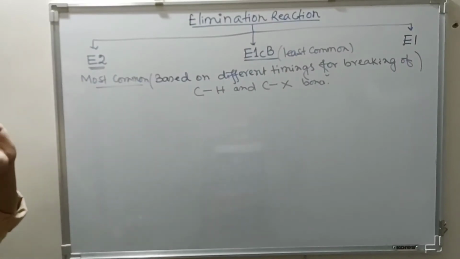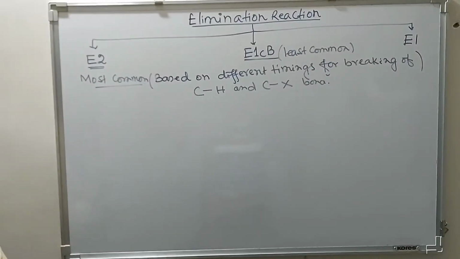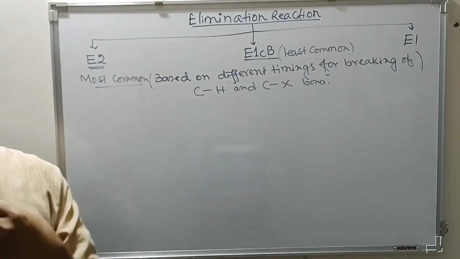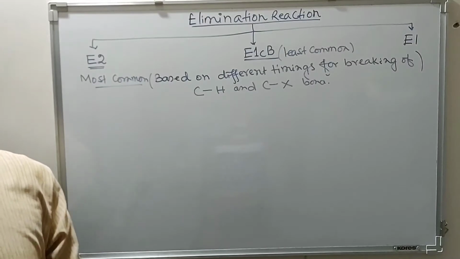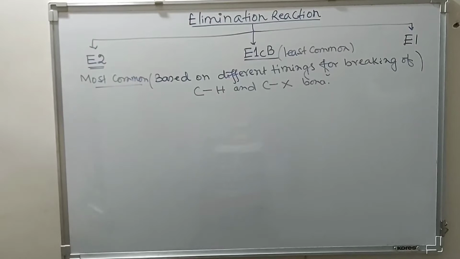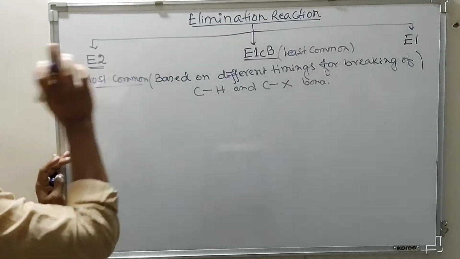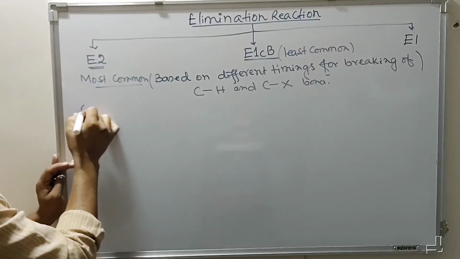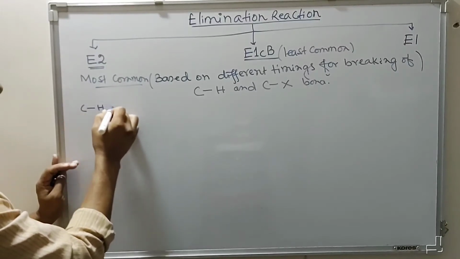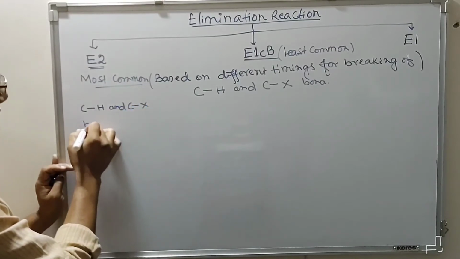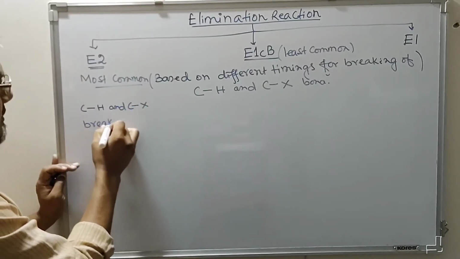Now in this E2 mechanism, E stands for elimination, and 2, 1, 1 stand for the molecularity of the reaction during the rate determining step. In this E2 reaction, the carbon-hydrogen bond and carbon-halogen bond break simultaneously.